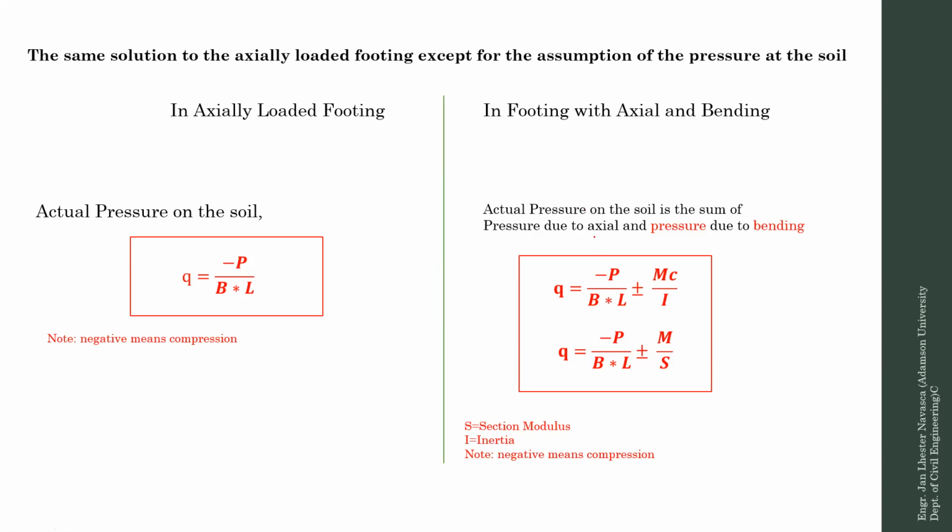So ano ba yung soil pressure due to the bending? So alam na natin axial, that is negative P divided by B times L, which is force over area. So ano naman yung sa bending? Sa bending is basically your flexural stress.